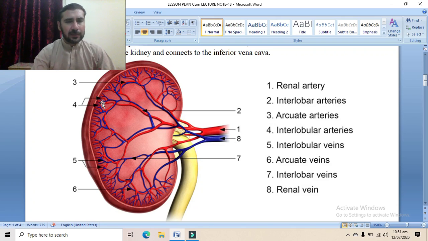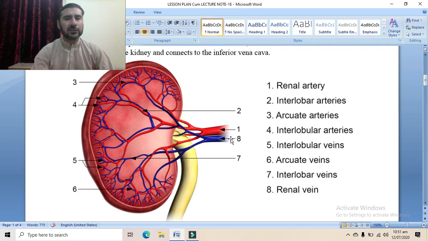Now these fine branches, before entering into the glomerulus, will form efferent arteriole. Efferent means moving inward or conducting inward. So it will further divide into glomerulus.